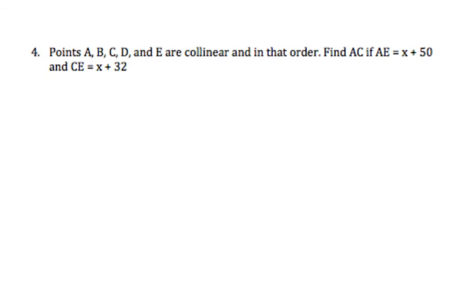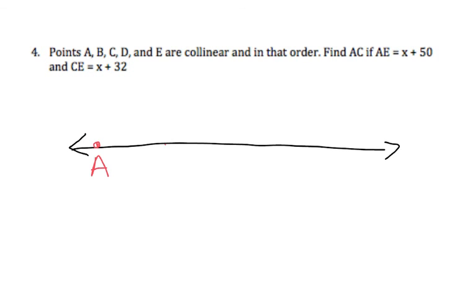Last one, and this one I actually want you to try on your own. You knew it was coming, I know. So, points A, B, C, D, and E are collinear and in that particular order. Remember, I did tell you, order doesn't matter. So there's my big old line. We got A, B, C, D, and E, all in that order.